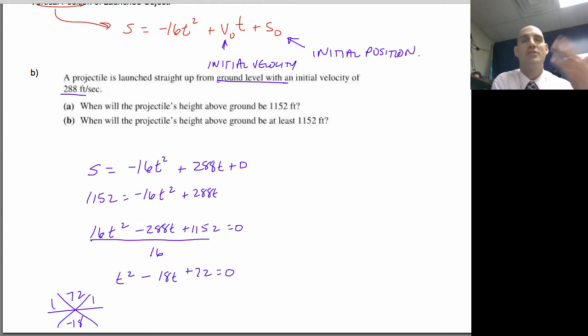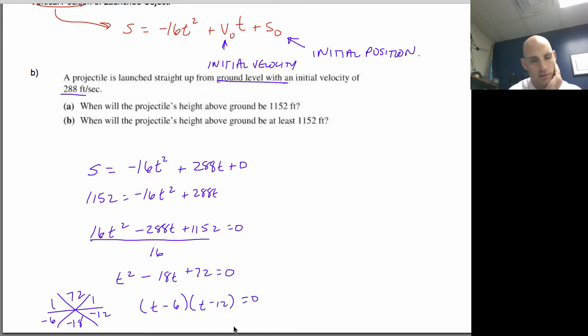You know it divides by 2. 2 and 36 don't add up to negative 18. However, I know I've got to have two negatives because it's got to multiply to a positive. And so what comes out is negative 6 and negative 12. t minus 6, t minus 12. So t equals 6 and 12.